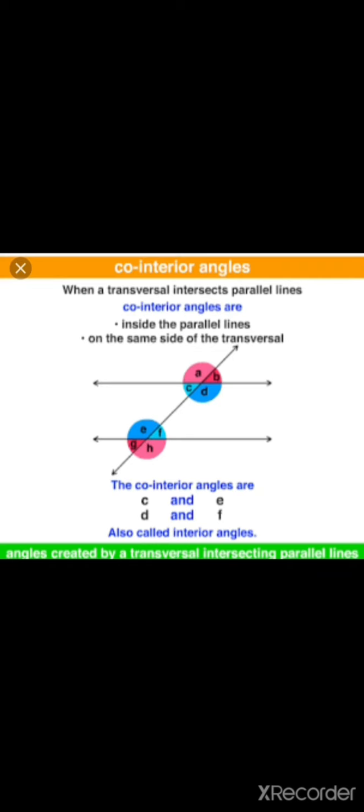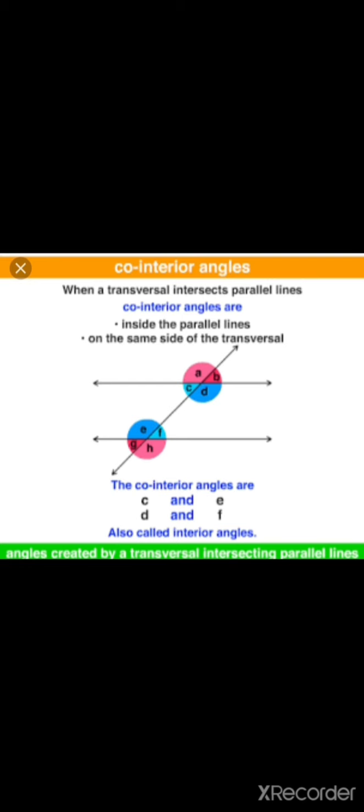Next pair of angles, co-interior angles. When a transversal intersects parallel lines, 2 pairs of co-interior angles are formed. What is meant by co-interior angles?